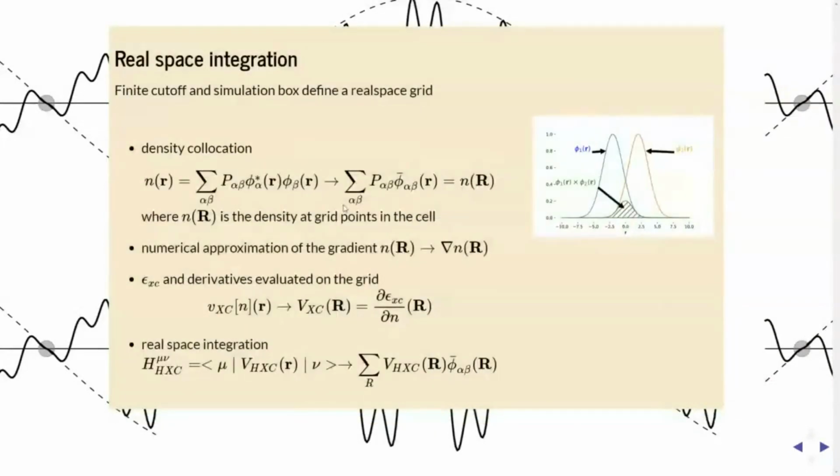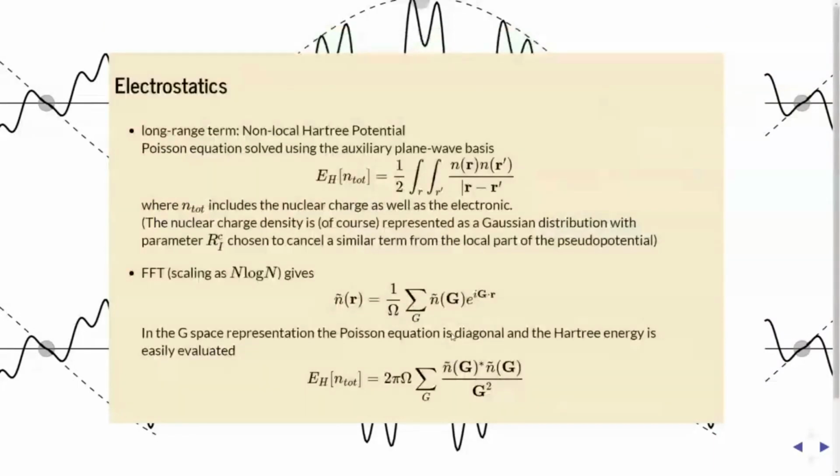And then what happens after we've got the grid representation of the potential from the Fourier transform is we then integrate it over our Gaussian functions to get back our Hamiltonian in matrix language.